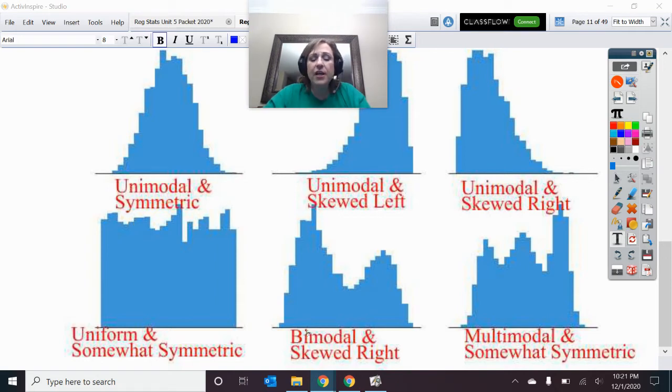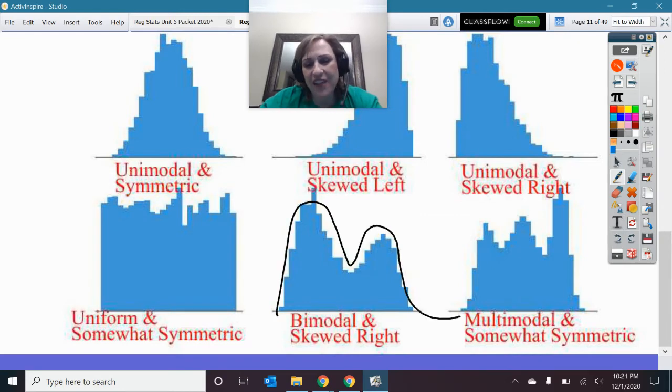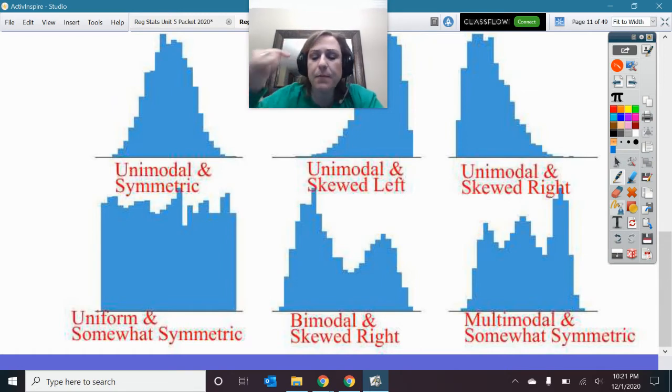Okay, here, this is going to be bimodal. This is clear to me. I kind of have two subsets of something happening here. So I would probably tend to say that I've kind of got this going. See how this is a little higher and then this one's a little lower. So I'd probably even classify this as overall kind of skewed to the right. Some of these are debatable, and real data is going to be that way.